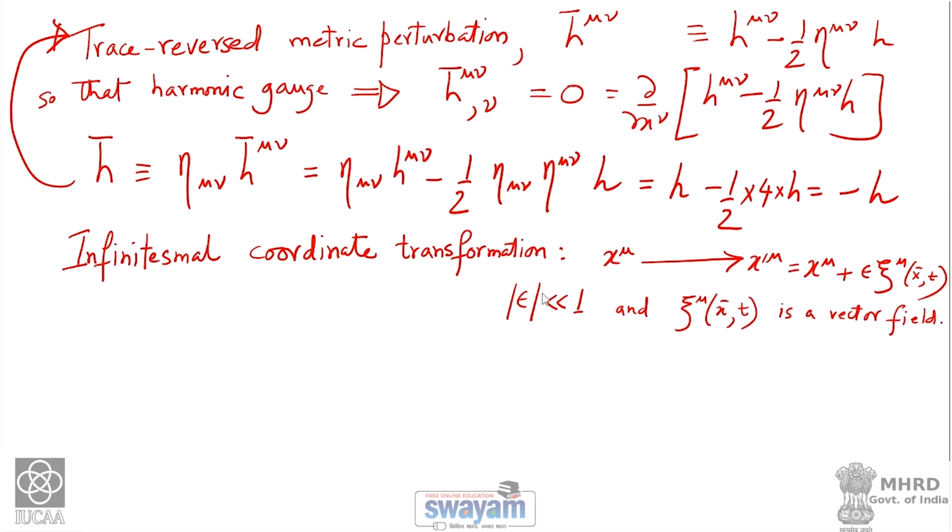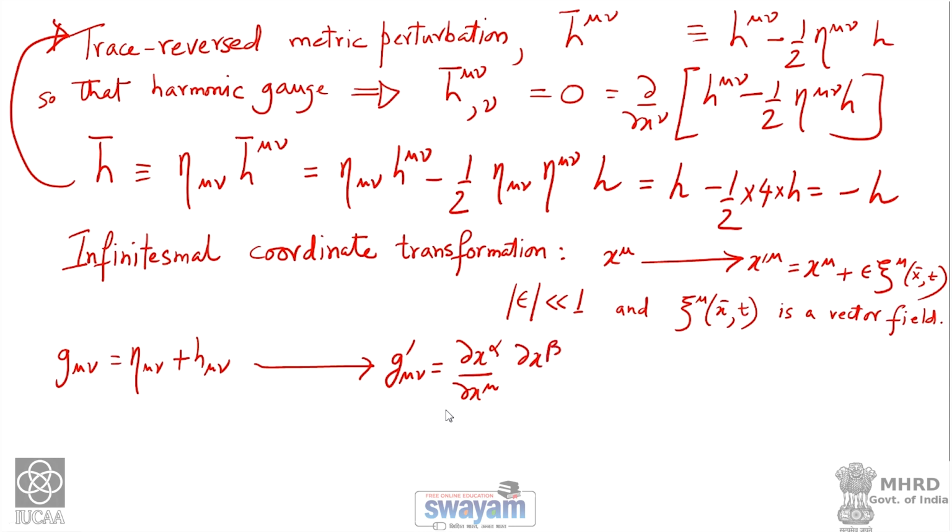You can ask, what happens to the metric g mu nu? Remember, g mu nu is eta mu nu plus h mu nu. Under such a coordinate transformation, it will become g prime mu nu, which by definition, because it is a covariant tensor, will transform as del x alpha by del x prime mu into del x beta by del x prime nu times old metric tensor g alpha beta.